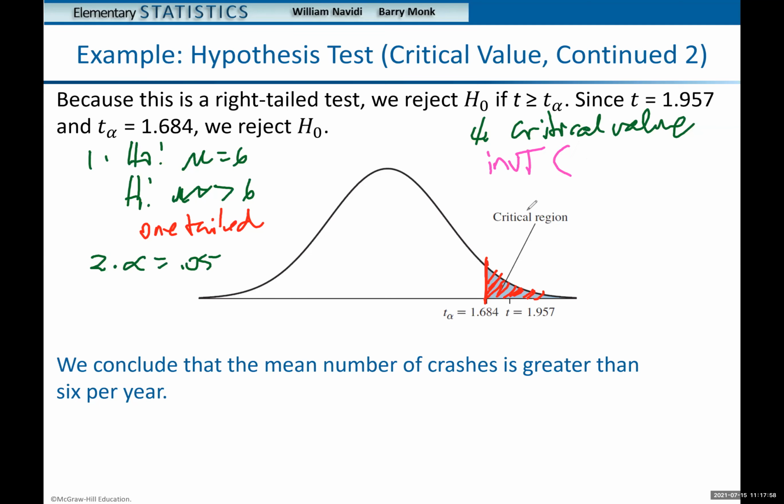So it's 0.05, meaning what do we use? No, you still have to use your alpha. And I think for inverse T, oh yeah, it should be 0.95, sorry.